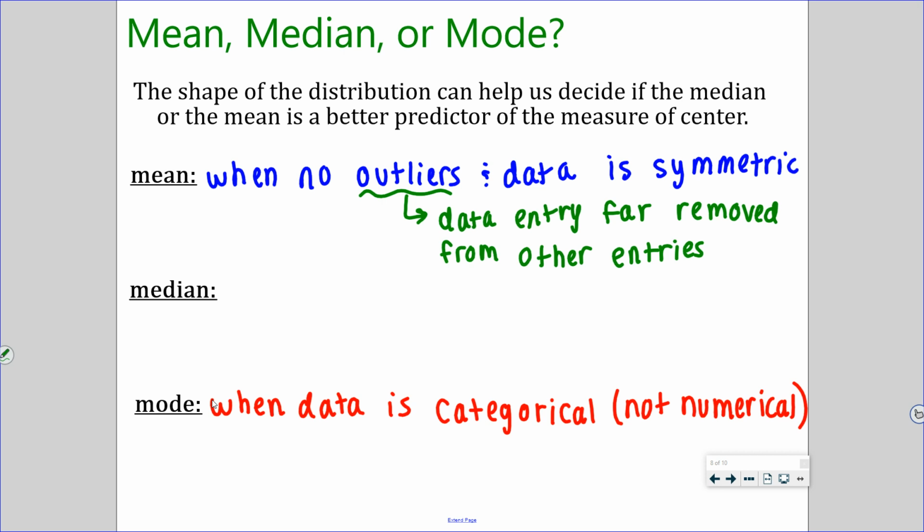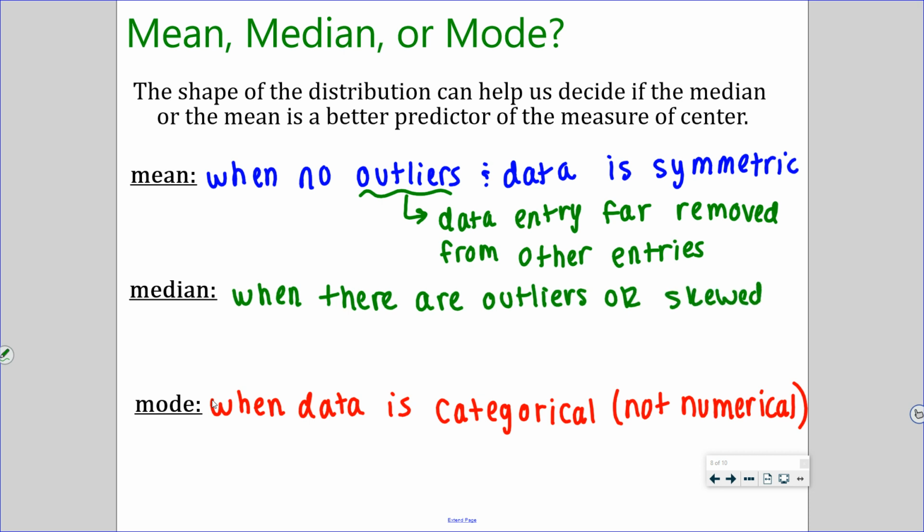If there is skewed data, then the median is a better measure of the center because it really doesn't change as much. So when there are outliers or skewed data, then we use the median.